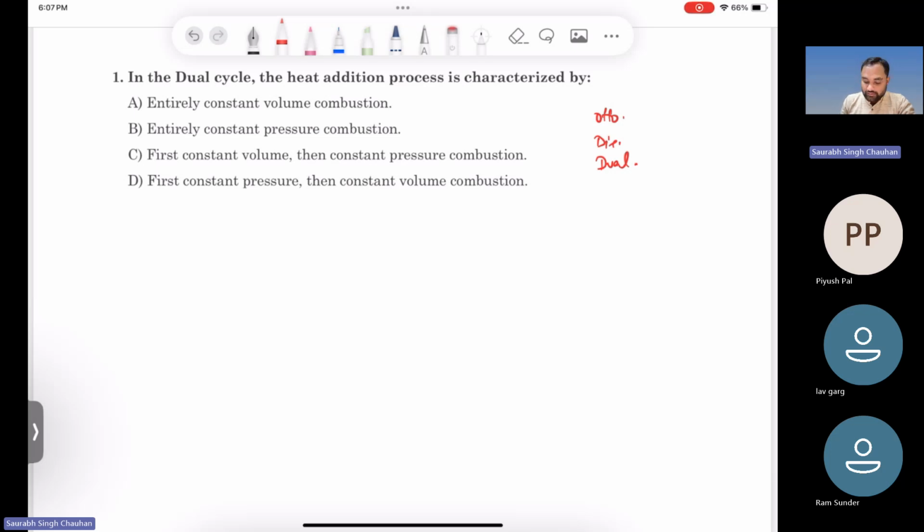It is isobaric or isochoric. The heat addition process is basically combustion, right? So the options are: entirely constant volume combustion, entirely constant pressure combustion, first constant volume and then constant pressure combustion, and the last says first constant pressure and then constant volume combustion.